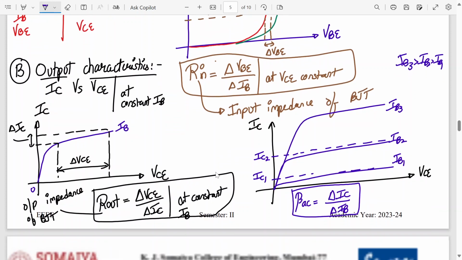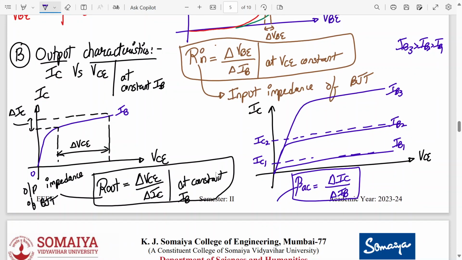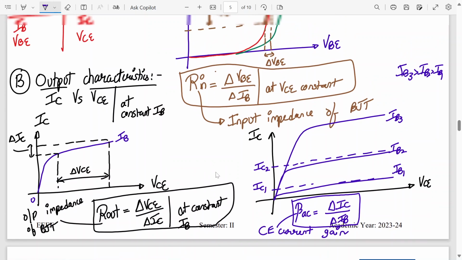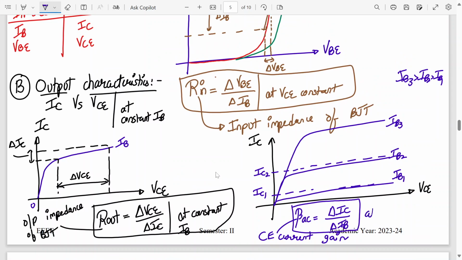So it will give me information about the current gain. Now this is called the common emitter current gain, because it is in the common emitter configuration. If you want to measure beta, it is measured at a constant VC, at the same value.